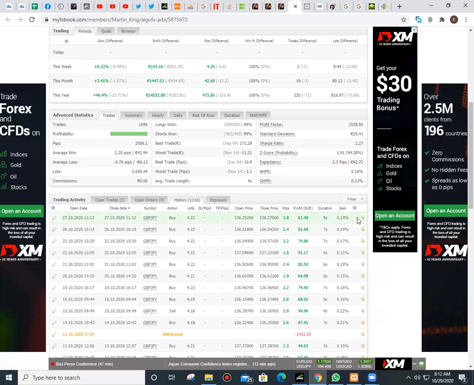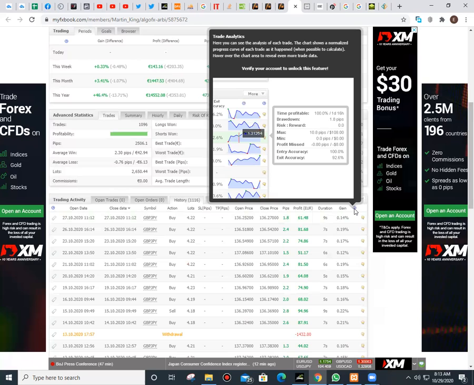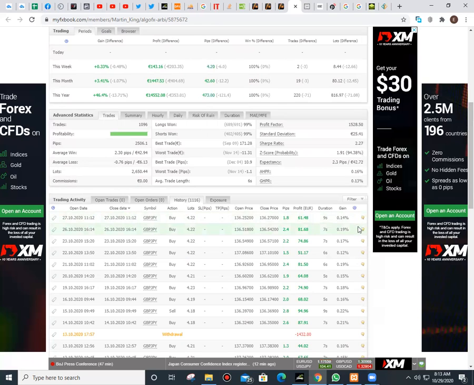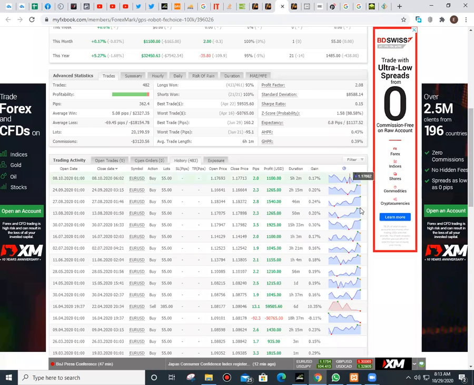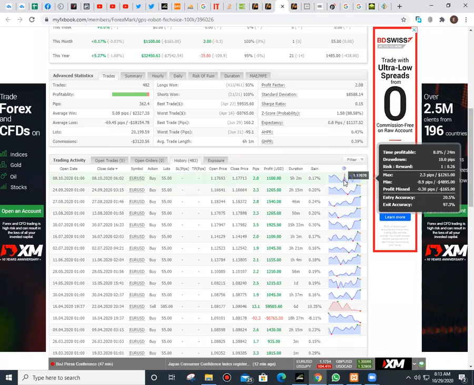And you can see Myfxbook here, they are kind of unable to draw the graphs. These graphs, you can see them here, and you can see more details about the trading system.